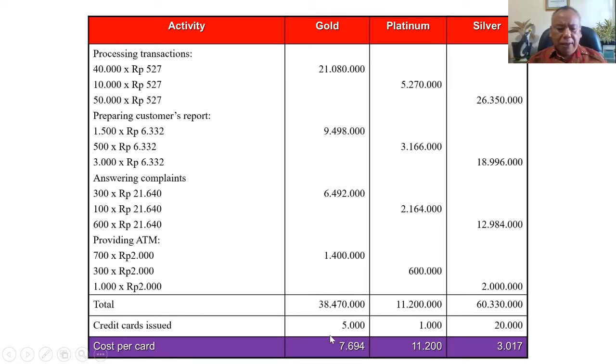And then the bank can also add a profit, for example, 20%, and then this rate will be charged to the customer as a fixed charge, for example, an annual fixed charge.